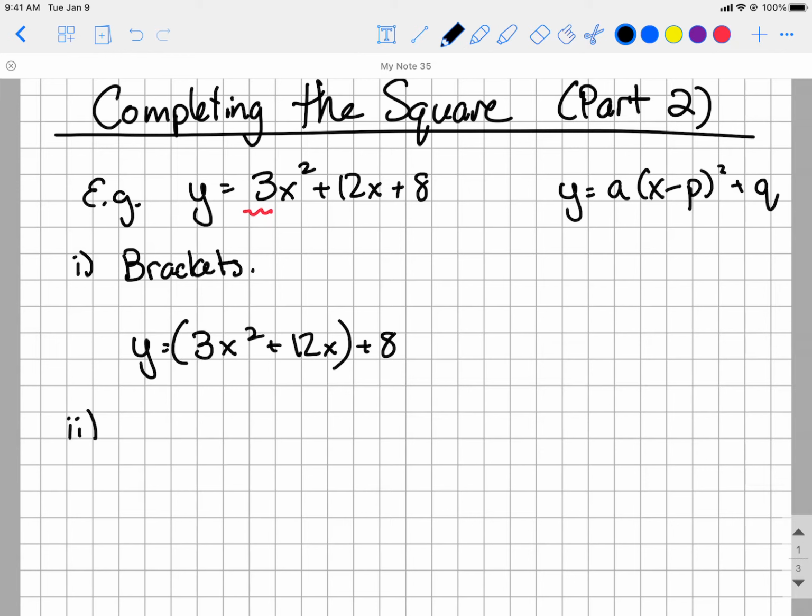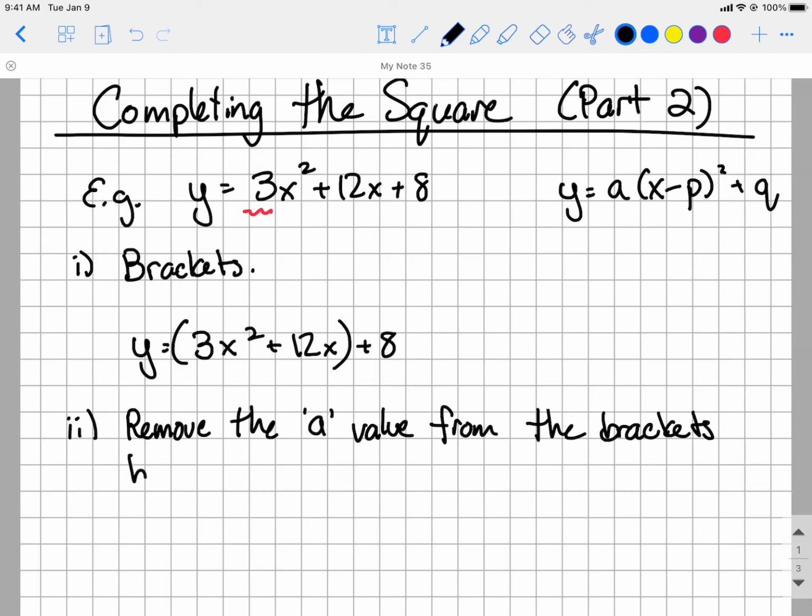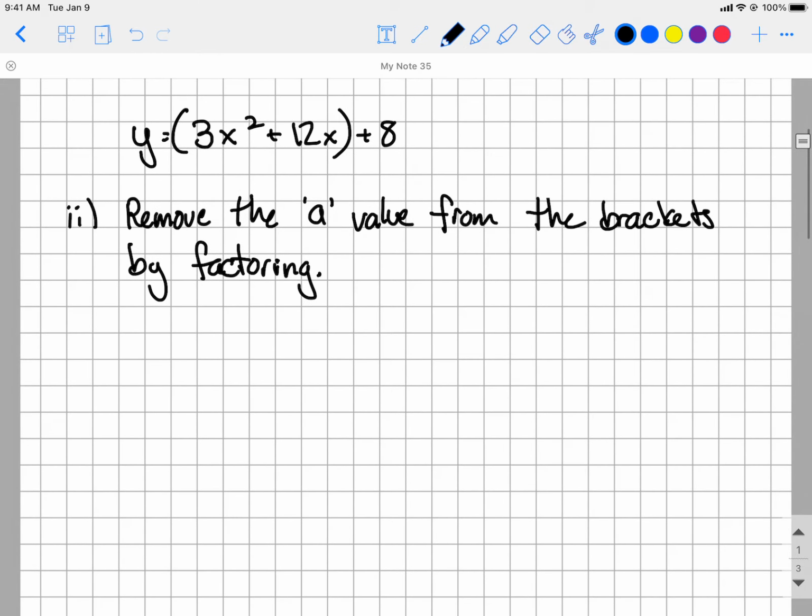We're going to take the a value out by removing it as a common factor. So in this case, we need to take the 3 out of the brackets, which means we need to divide it from both terms.